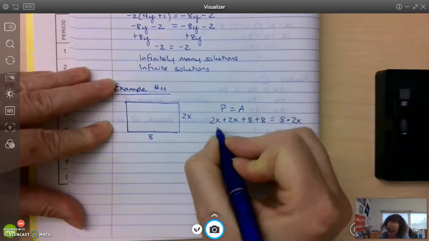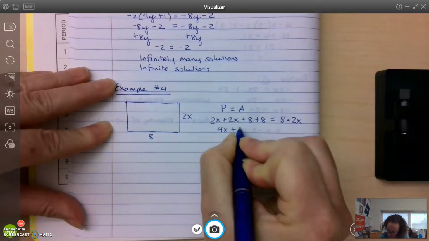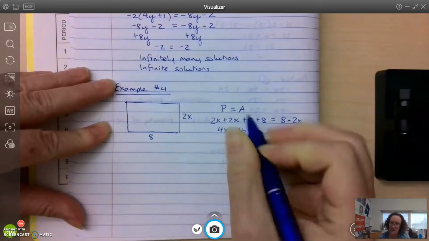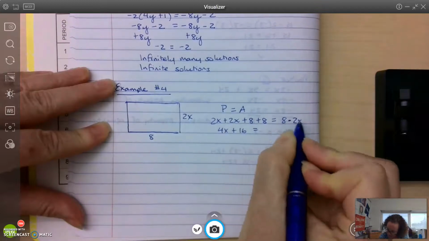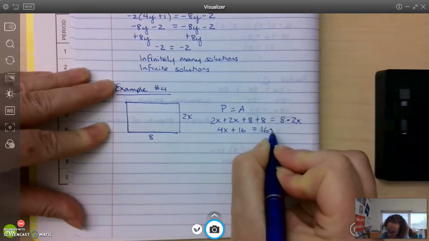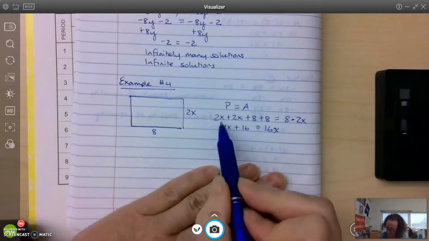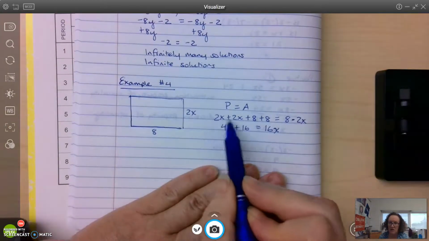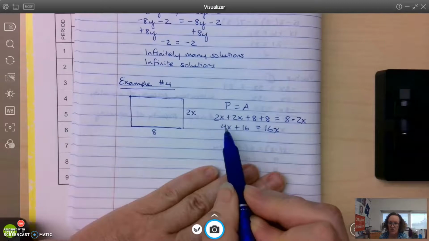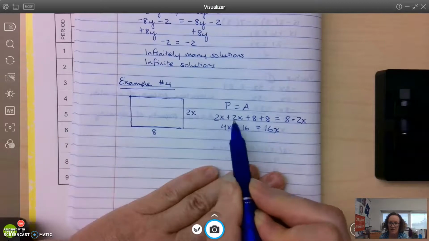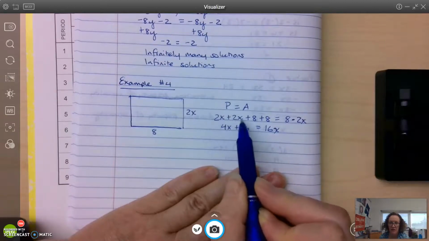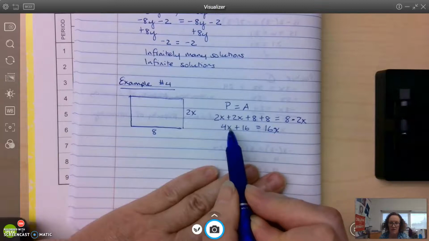Then you can simplify. So then I've got 4x plus 16, combining like terms, equals 16x. When I'm adding like terms, I just add the coefficients because I have two groups of x, and I have another two groups of x, so I have four groups of x.